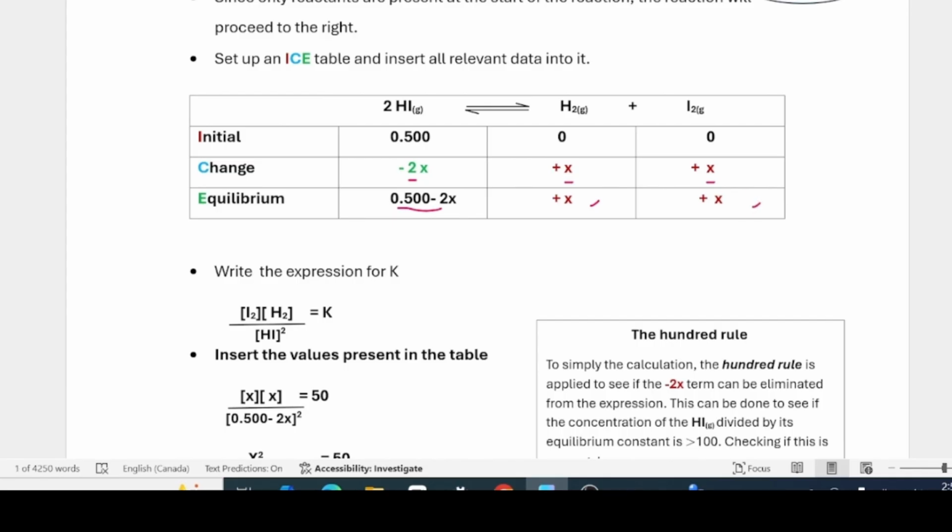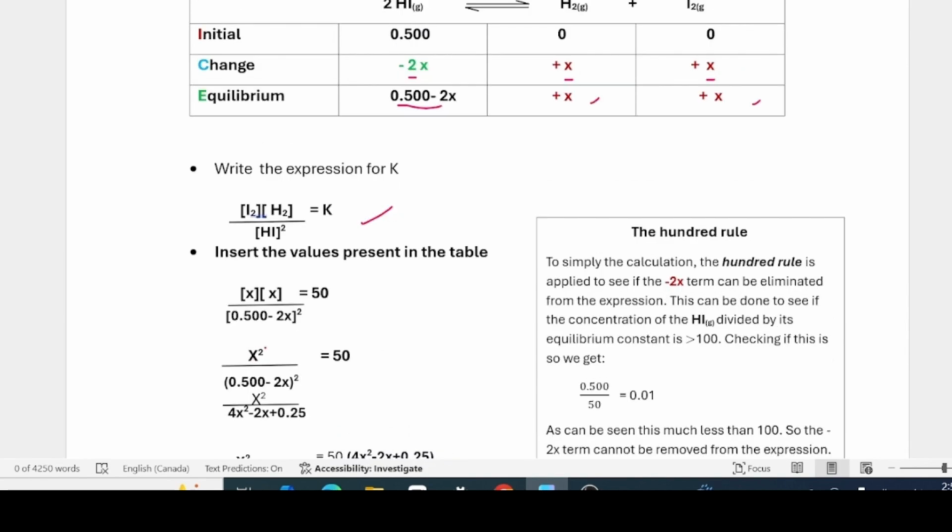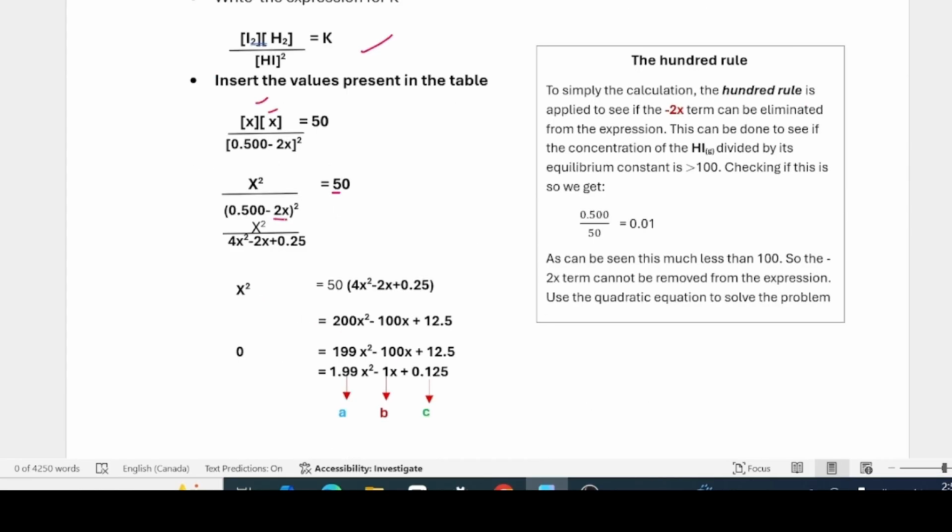We establish our K expression. Insert from the table what we have. X times X over 0.500 minus 2x raised to a coefficient of 2. That's equal to 50. Is it okay to remove that term there from the original concentration without affecting it significantly?